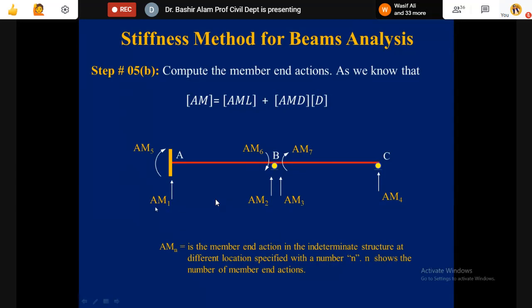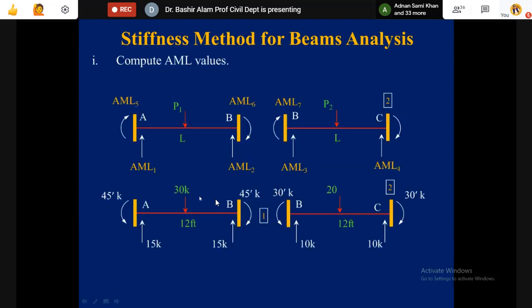So AM1 we already calculated, but let's prove this by this method. AM4 already we calculated. If we add this AM2 and AM3, it should give you the AS1 we calculated at this location. Now, this is when it was under the actual loads, the basic kinematic structure.